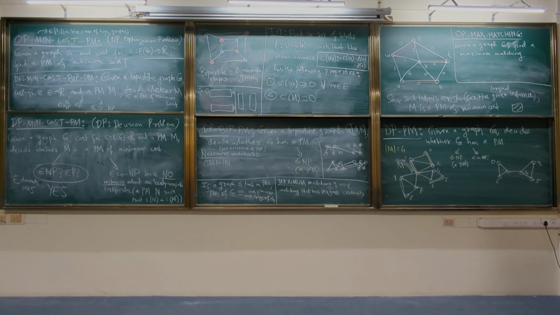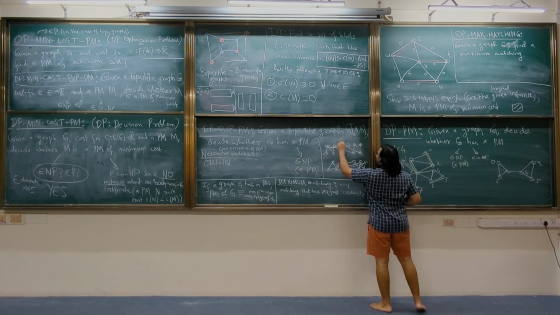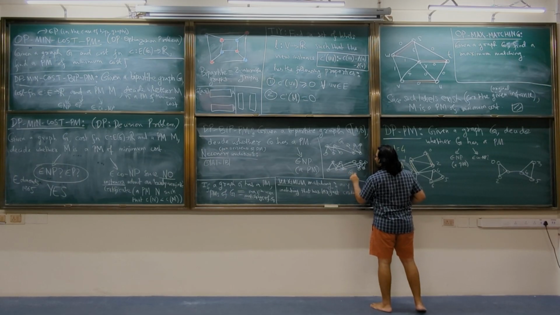Each of them has 5 pink and 5 blue vertices. This is my graph G1 and this is my graph G2.